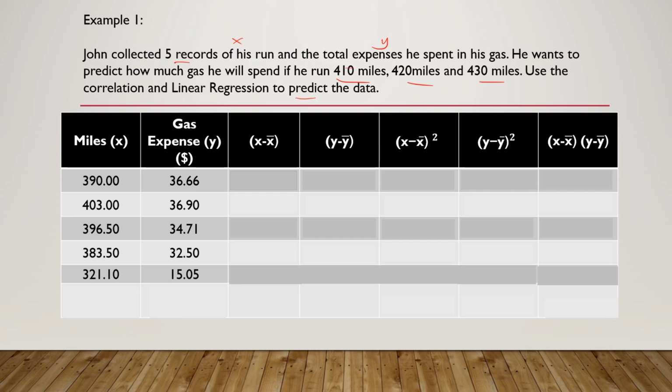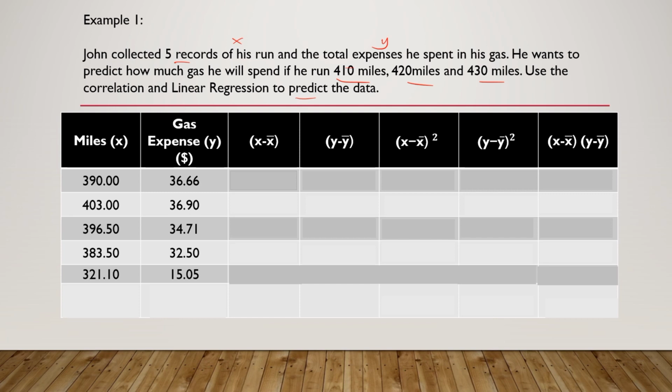So these are the records. We have 390, 403, 396.5, 383.5, and 321.10. So we have this data, and the first thing that we need to do is, of course, get the average of all the x. That is the x bar.